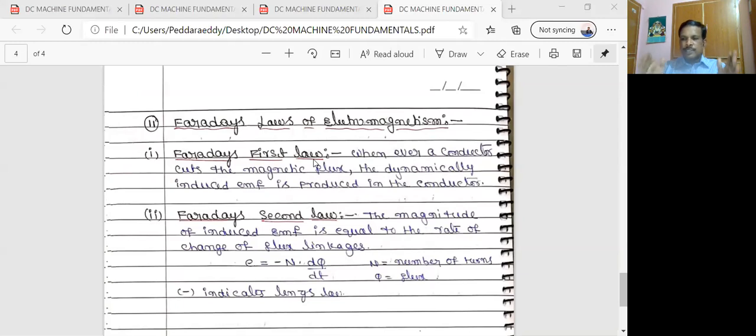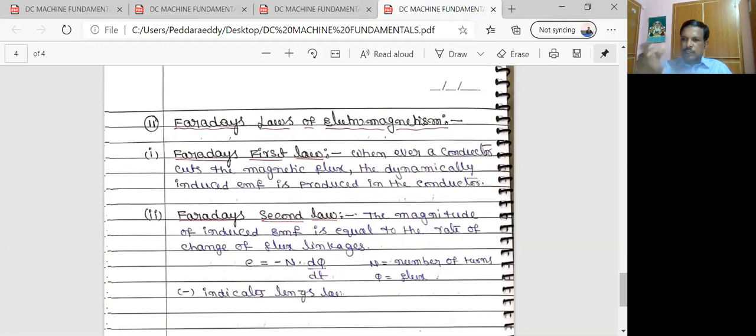So, coming to the DC generator. A DC generator has a stator and a rotor. The stator is a stationary part and the rotor is a rotating part. The conductors are placed on the rotor, and when we give mechanical energy, the rotor starts to rotate.